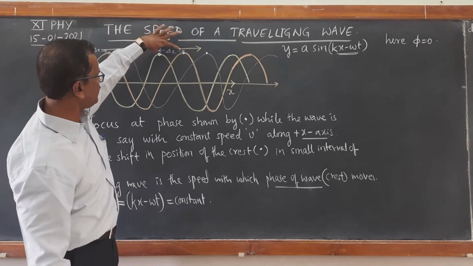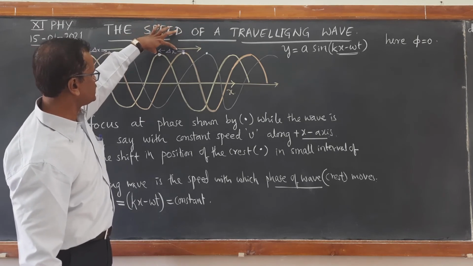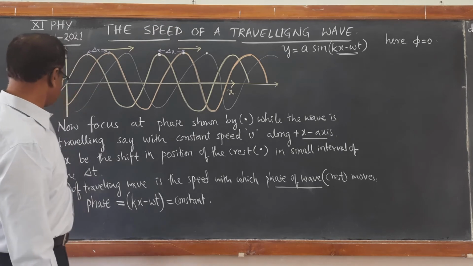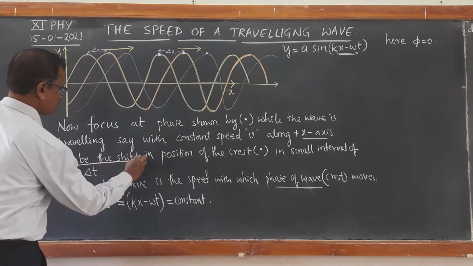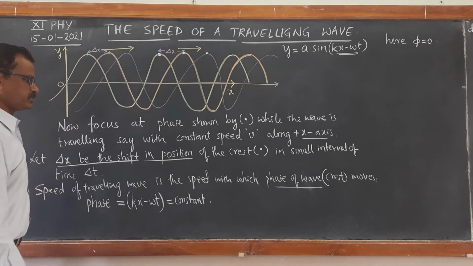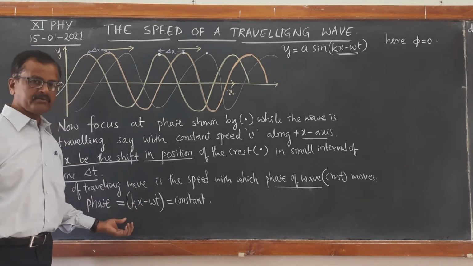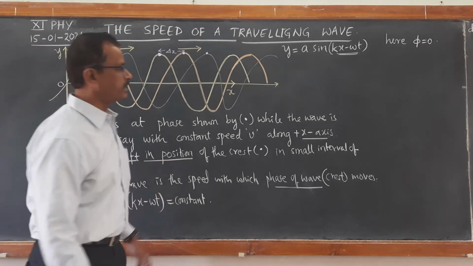Delta x is the distance by which the phase has moved in time delta t. So delta x by delta t, if we find out, we get the speed.